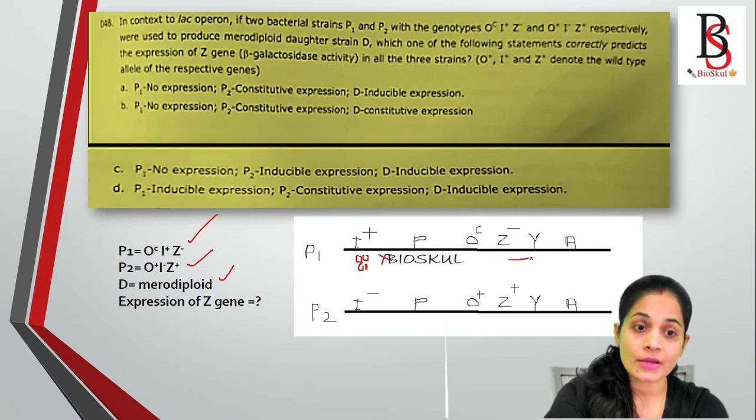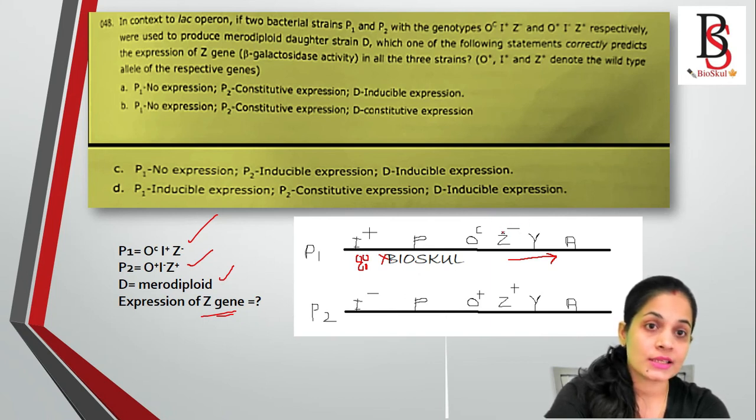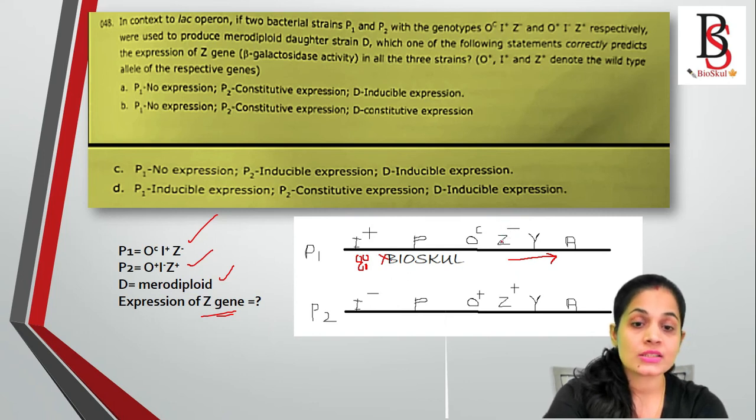As it cannot bind to the operator region, that leads to constitutive gene expression in the P1 strain. So what is this asking? It is asking about the expression of the Z gene. But see, here the Z gene is absent. Z minus means there is no Z gene, so there will be no expression of the Z gene in the P1 strain.